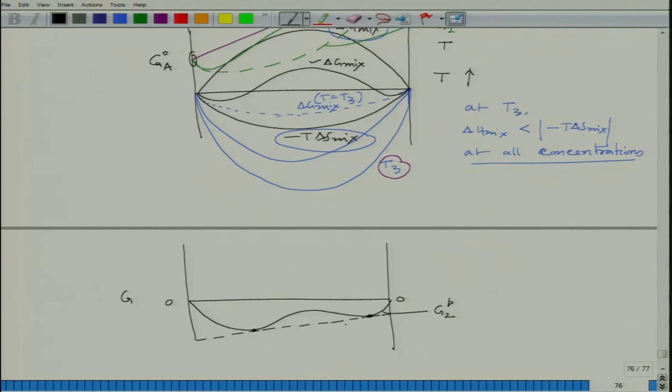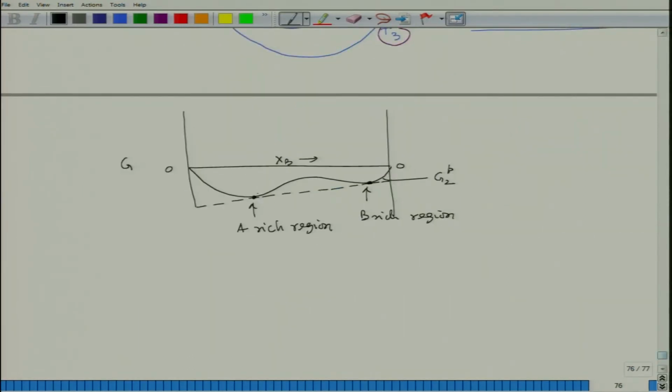If these two points are passing through that common tangent, that means these two compositions will be in equilibrium. And interestingly, this is my XB, at this point it is more of an A-rich region and this is a B-rich region. Now, there is a possibility that these two phases would appear.